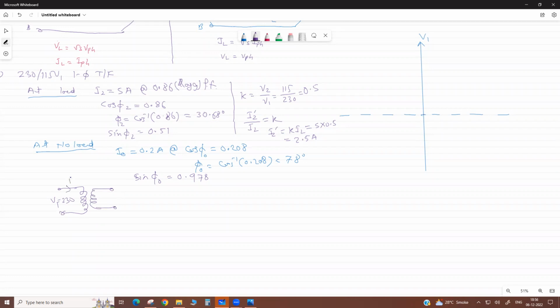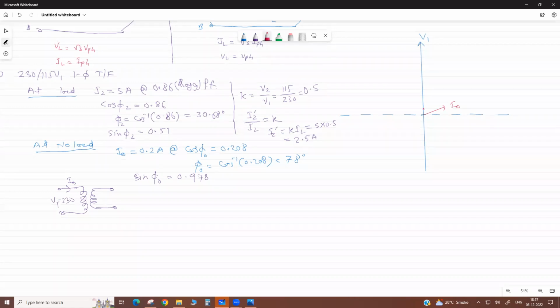So this transformer takes only I naught, at a power factor of 0.208. This current lags because the transformer is at a very low lagging power factor. So your no load current is this, this is I naught.